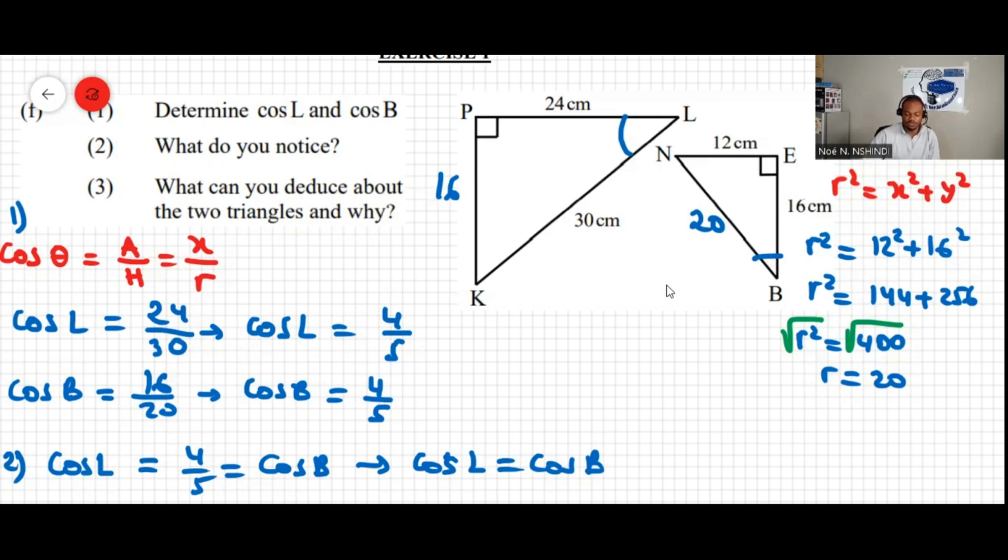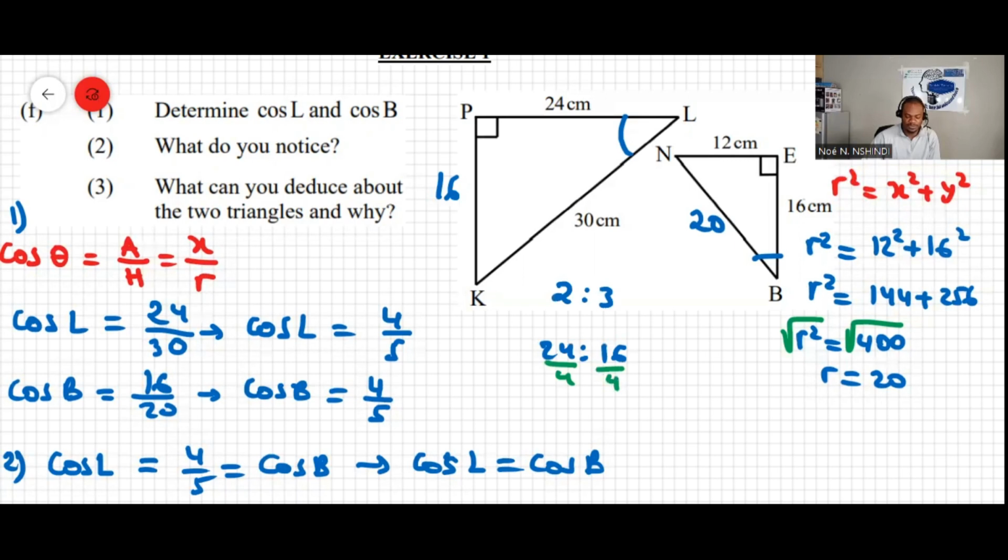I was also saying that the two triangles are in the ratio 2 to 3, if I compare the corresponding sides. This is 24 and that's 16.